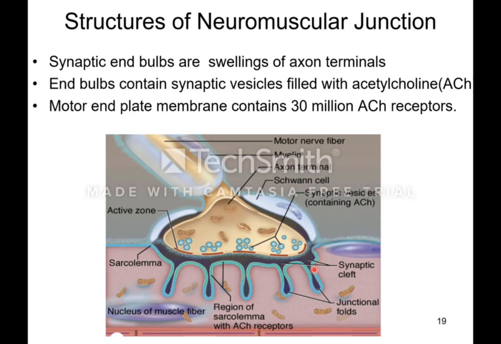This membrane of the muscle cell is named the motor end plate membrane and contains around 30 million ACh receptors. In contraction, the ACh released from synaptic bulbs of the axonal terminal attaches to the receptors on the muscle cell, and the joining of the ACh to its receptors results in contraction.